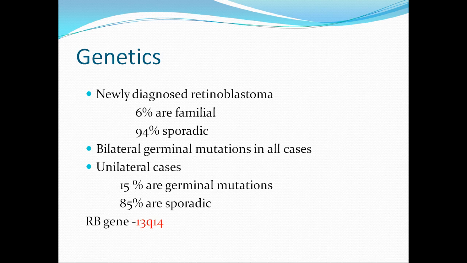Approximately 15% of unilateral sporadic retinoblastoma is caused by germinal mutations affecting only one eye, while the 85% are sporadic. The RB gene has been identified at 14 band on the long arm of chromosome 13 and is an anti-oncogenic gene. So deletion of this protective gene by 2 mutations results in RB.